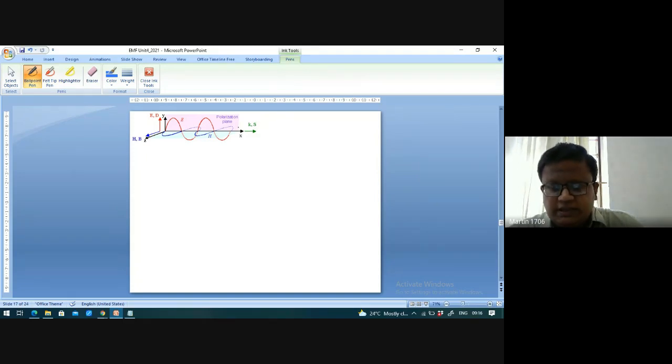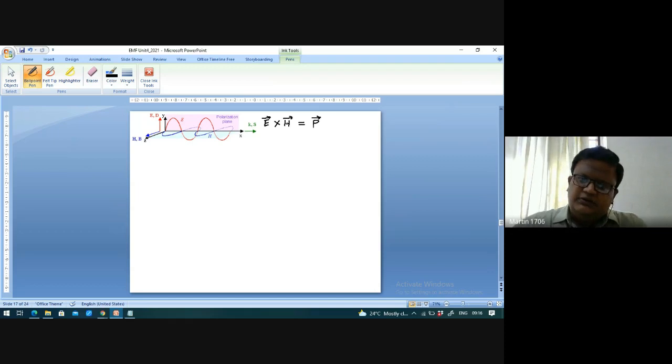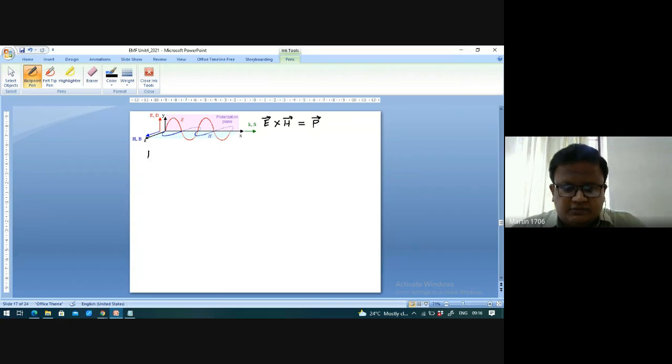So when E and H are there, if we take the vector product of the E vector and the H vector, then we get the power P. This entire thing is called the pointing vector.